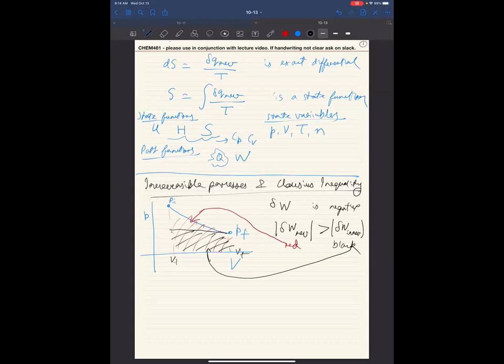If I want to get rid of the modulus, how should I write this equation? Let's use a minus sign. It will have to be minus delta W reversible is more than minus delta W irreversible. Why? Because delta W reversible is negative. We just mentioned that delta W reversible is negative because the gas is expanding. If something is negative, its absolute value is equal to the negative of that thing, right? Is that clear? This is kind of subtle, especially for 9 a.m.